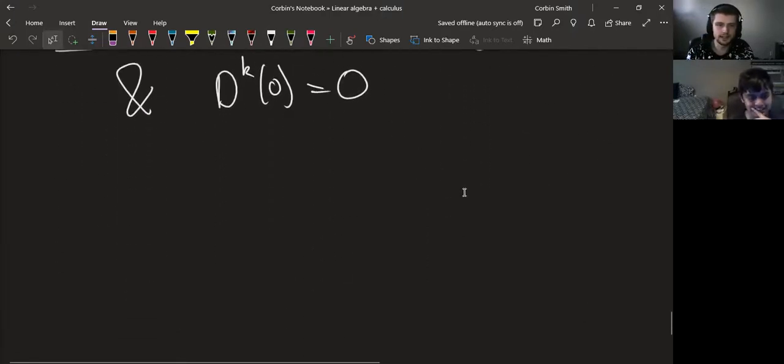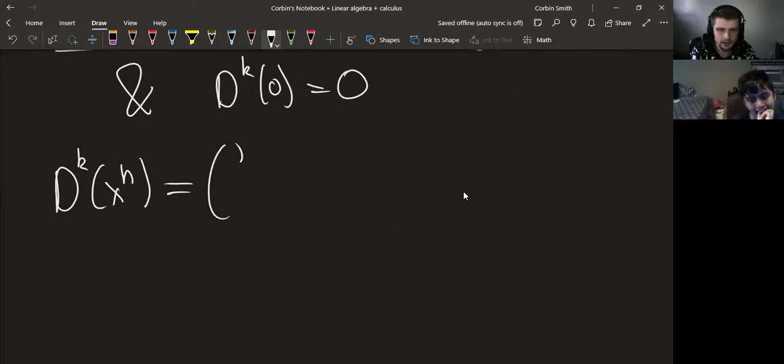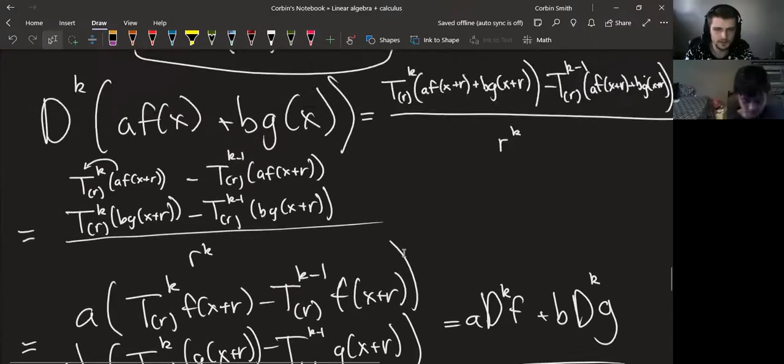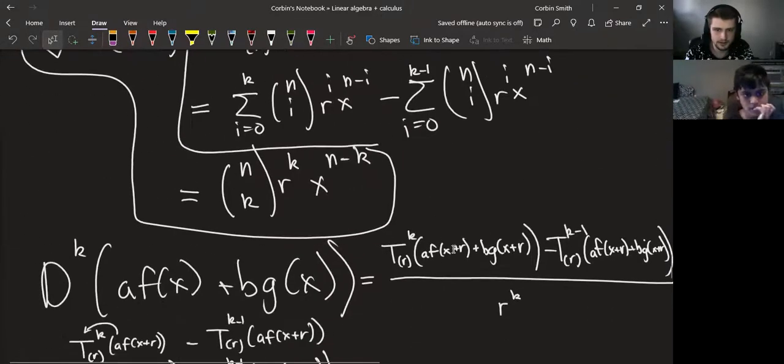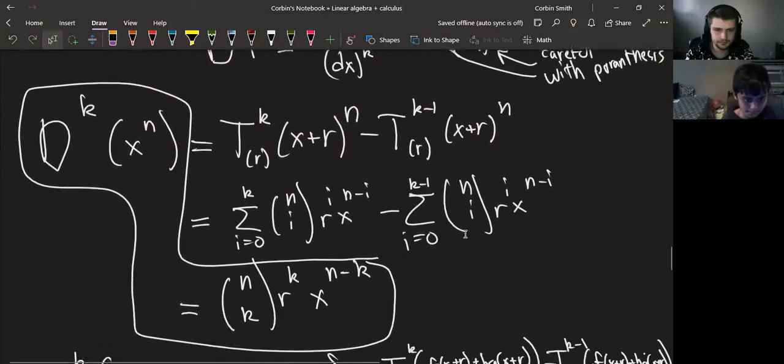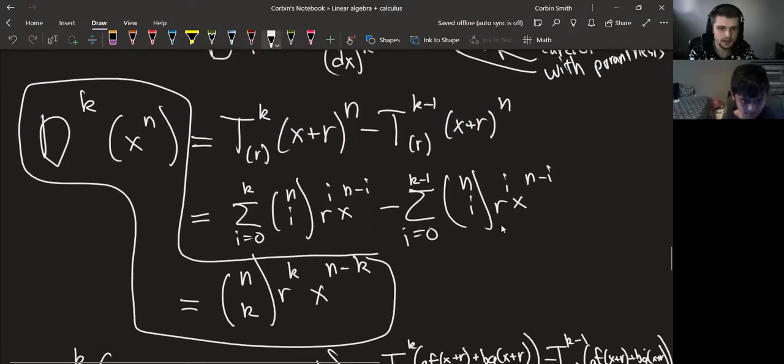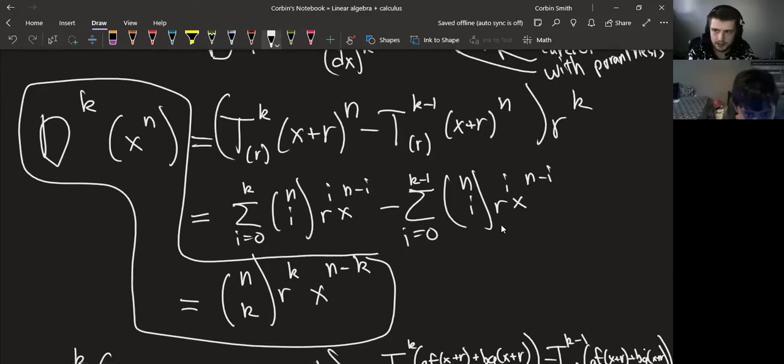We still need these. What is the kth derivative? We also said that dk of x to the n was equal to n choose k r to the... Oh no, we factored out the r, so there's no r. The r is factored out in this thing. So we had to divide this by r to the k, right?